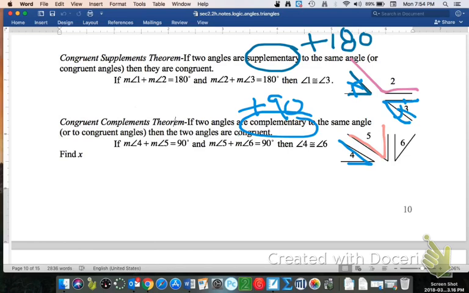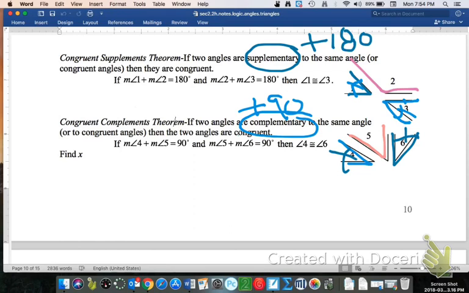And 5 and 6, if you put them together, look like they would create a right angle. So if we know that 4 and 5 make a right angle and 5 and 6 make a right angle, then we know that 4 has to equal 6. So these are our congruent complements and congruent supplements theorems.